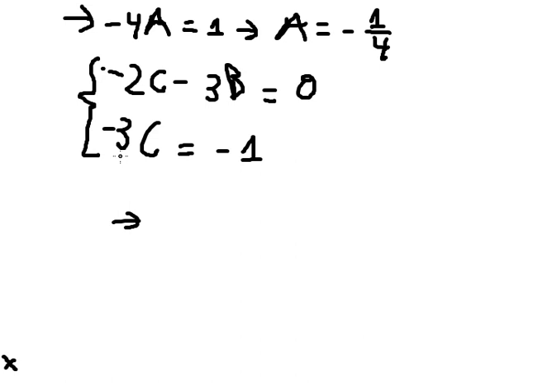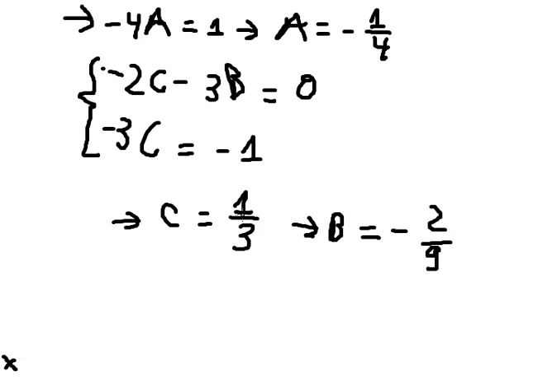So we divide both sides by negative 3, and we have c equals 1 over 3. Later we can find the value of b. So we put this one in here, and we can find the value of b. So b equals negative 2 over 9.